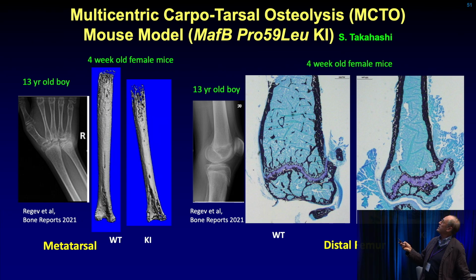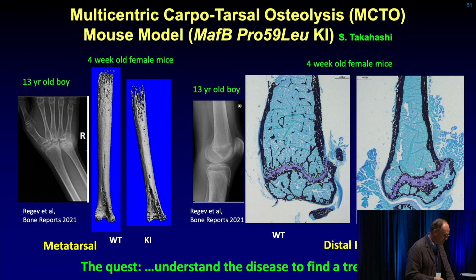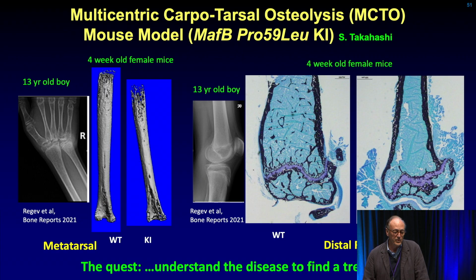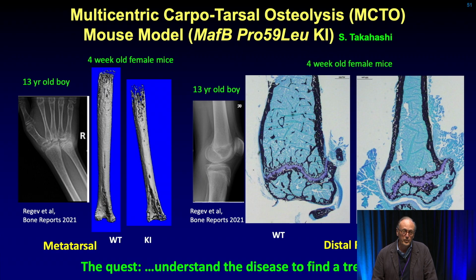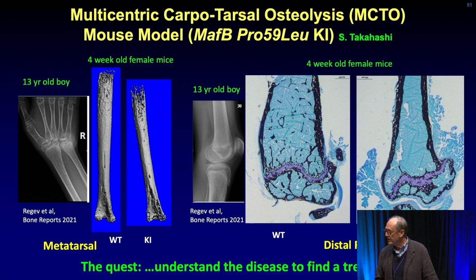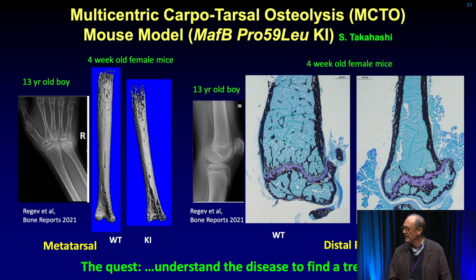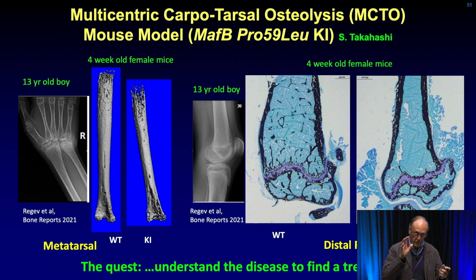You can see that it mimics pretty closely what is happening in humans. So the quest is to understand the disease and to find a treatment. And Lauren, after me, is going to elaborate on this. Thank you for your attention.